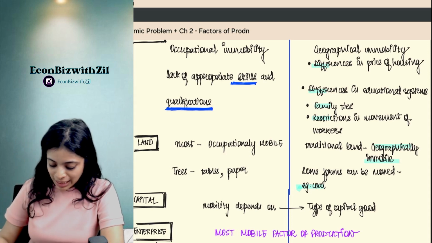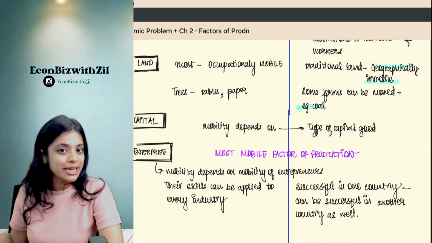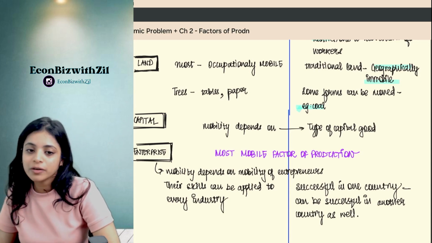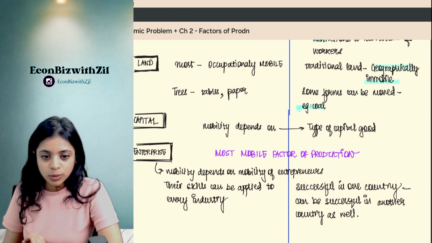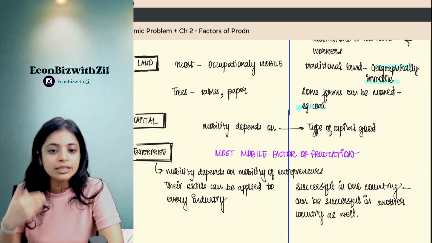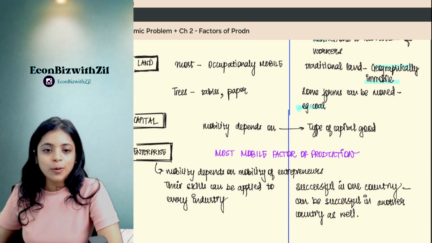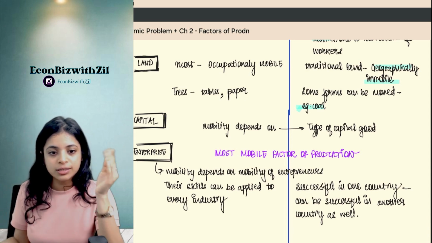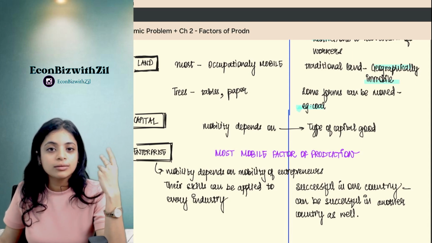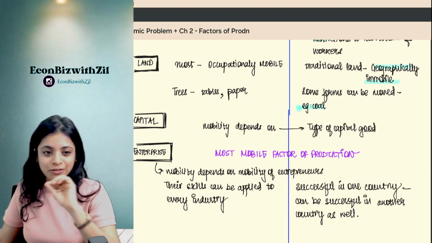Lastly, we come to enterprise. Enterprise is the most mobile factor of production, both occupationally and geographically. Obviously, the mobility of enterprise depends on the mobility of entrepreneurs. Speaking first on the left side about occupational mobility, the skills of an entrepreneur can be applied to every industry.